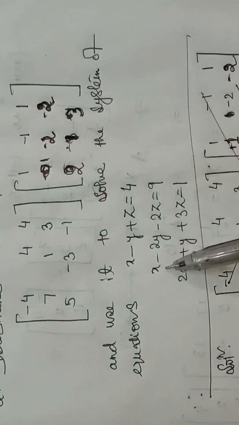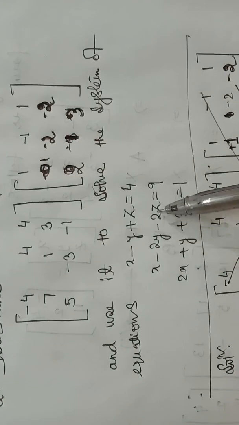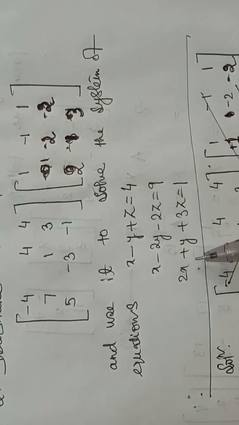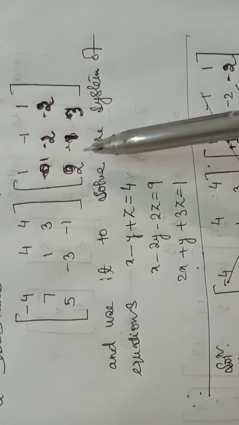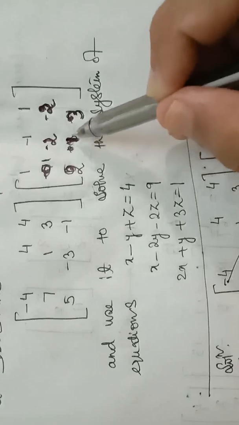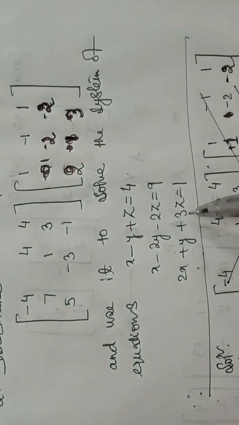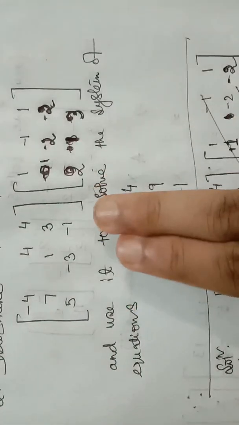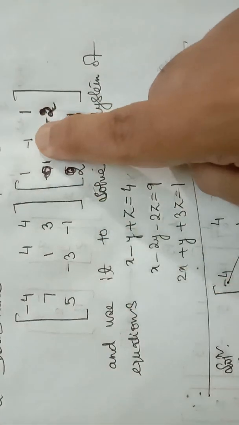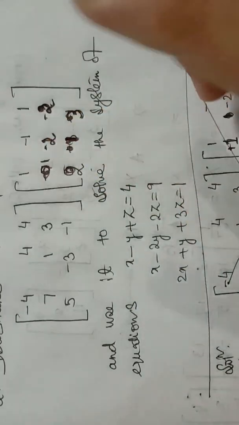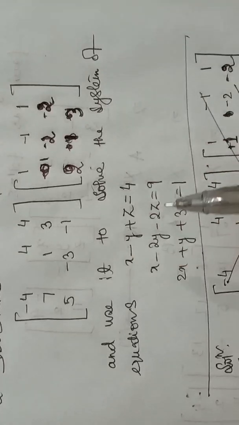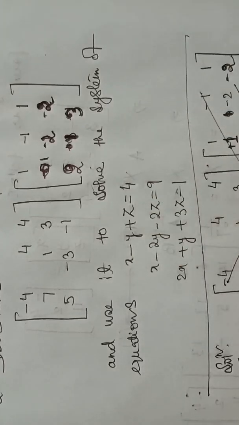Here also the coefficients are 1 minus 2 minus 2, and you see 2 1 3, the coefficients are also 2 1 3. Now the coefficient matrix for these three equations and this matrix is the same. Okay, now we have to use this product in solving these simultaneous equations. First, let me write these equations in matrix form.